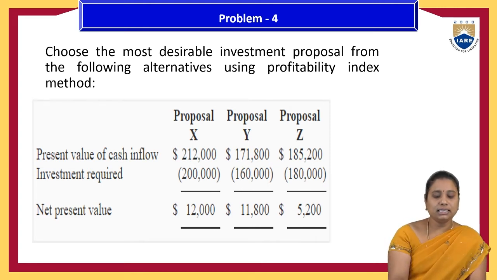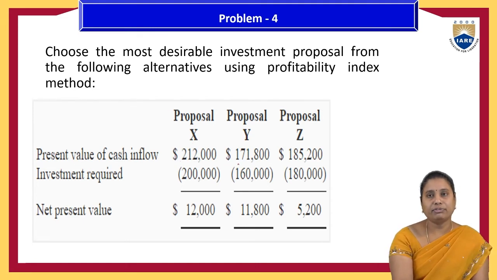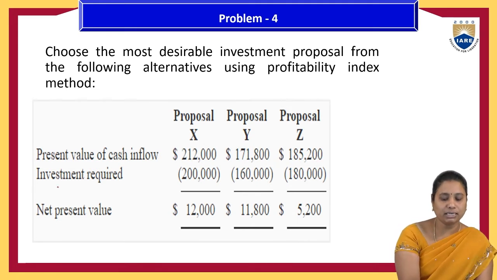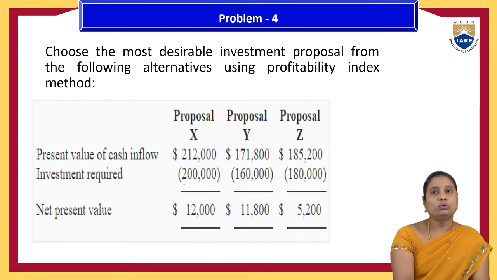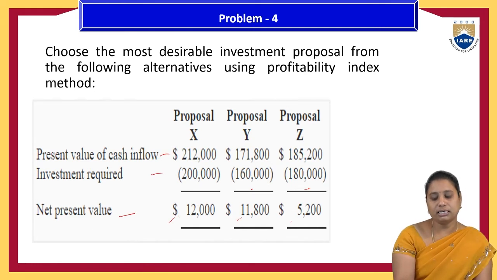So if we see this proposal X, Y, Z, the present value of the cash inflows is 2,12,000, 1,75,800, 1,85,200 for the respective companies X, Y, Z. And the investments they have given are 2 lakhs, 1,60,000, 1,80,000. If we subtract, then we'll get the NPV of 12,000, 11,800, 5,200.